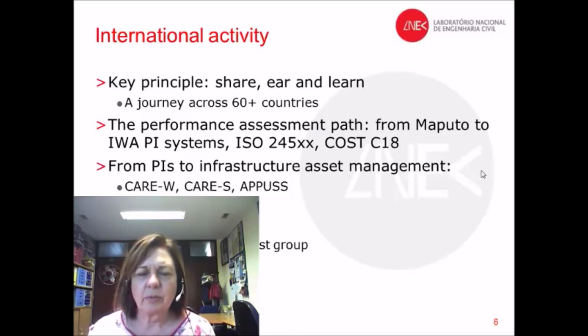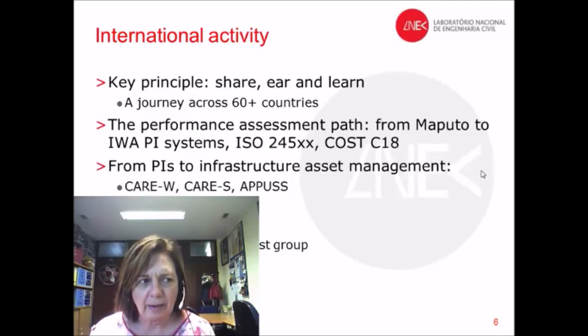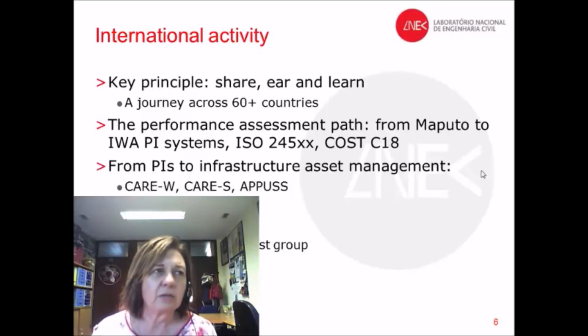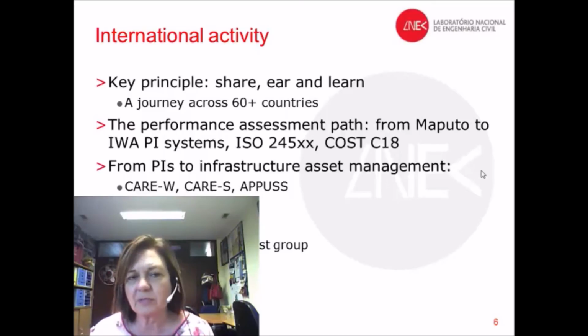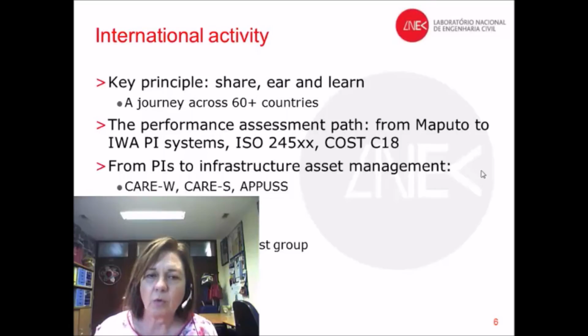I ended up with the by then International Water Supply Association, again by the hand, so to say, of Jaime Bel Batista. He was the head of the distribution division of IWSA, and he encouraged me and a German colleague, Wolfram Irner himself, to start working in the field of performance indicators within the association. This ended up with the IWA performance indicator systems that are nowadays a world reference used by many people all over.